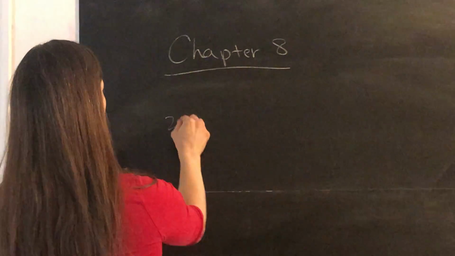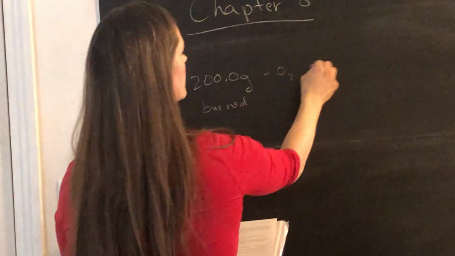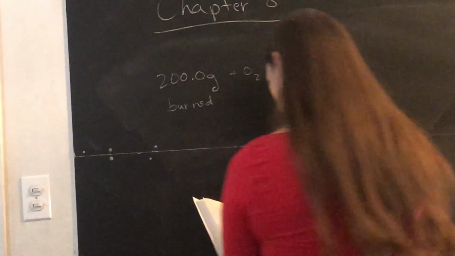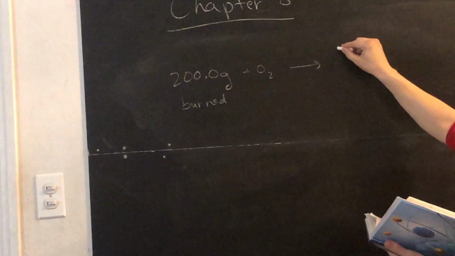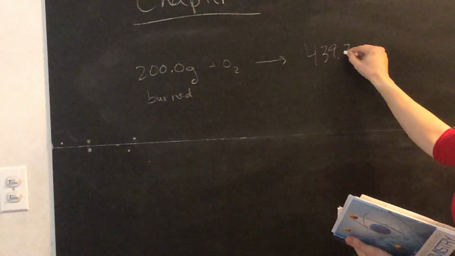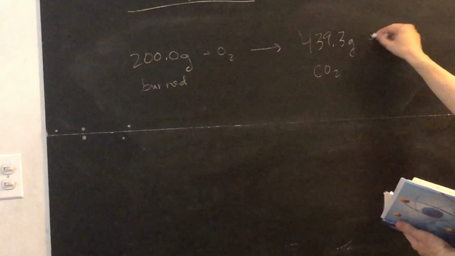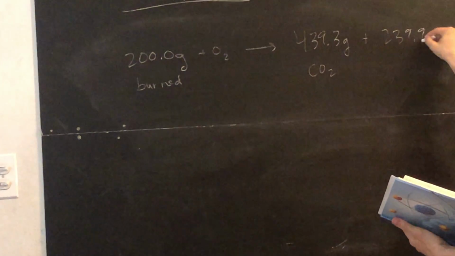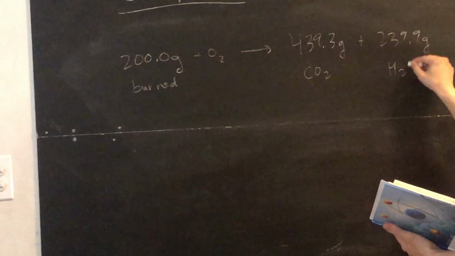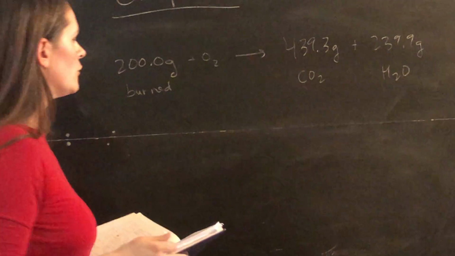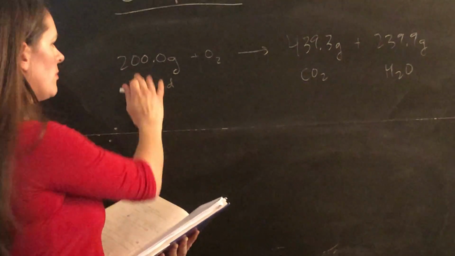Okay, so we had 200 grams of something burned in excess oxygen. That just tells us that's not the limiting reagent. And we produced 439.3 grams of carbon dioxide plus 239.9 grams of water. So what is the chemical formula, molecular formula of what we burned?